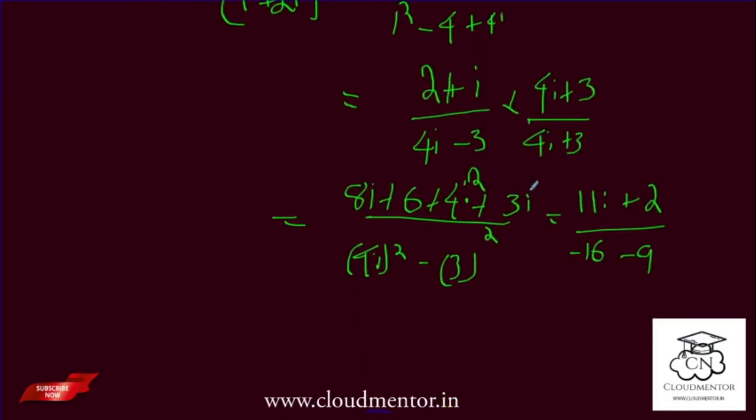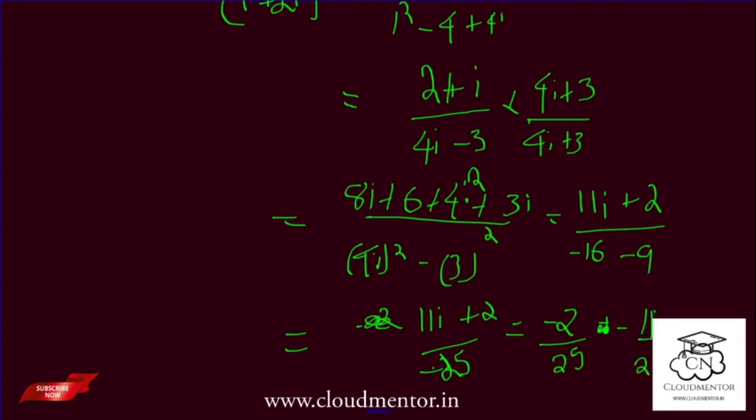So we get 11i plus 2 divided by minus 25, and we get the answer minus 2 by 25, I mean it will be minus 11i by 25. So that's the answer.